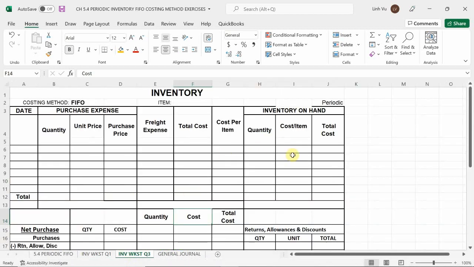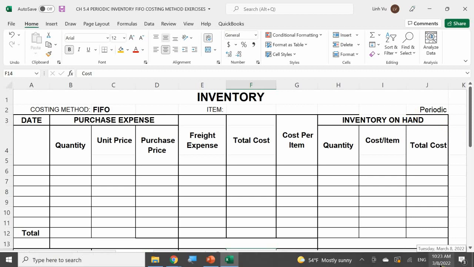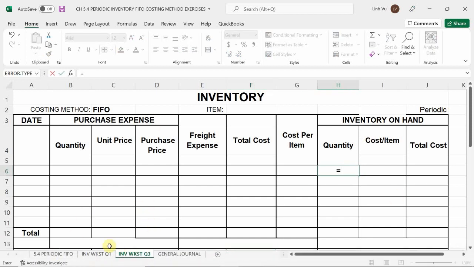So right here, as I mentioned before, we're going to be using this inventory on hand side. This is literally inventory on hand. This is your beginning balances, and only beginning balances are going to be in this section. So what I'm going to do is I know this was 100 and this was 500.